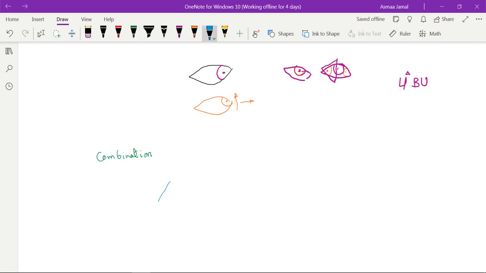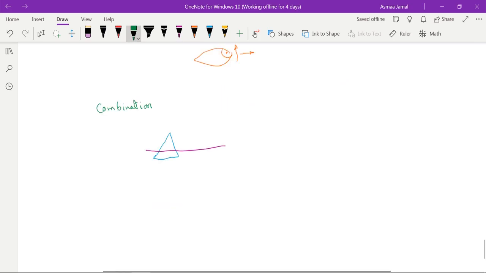So this is the prism, and that is our normal, and that's our amount of deviation. For measurement, let's say this is y, and this is the amount of deviation, which is x.